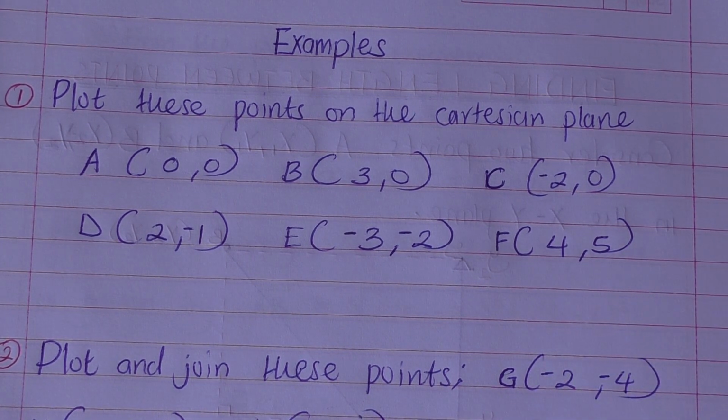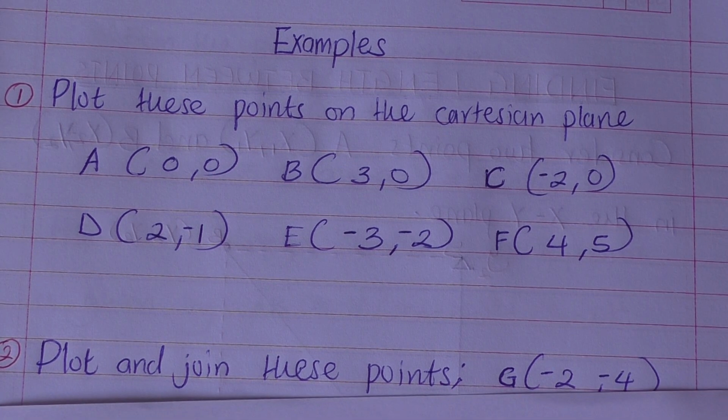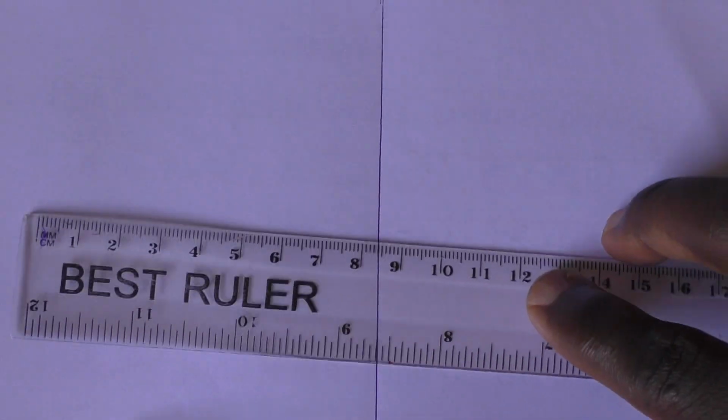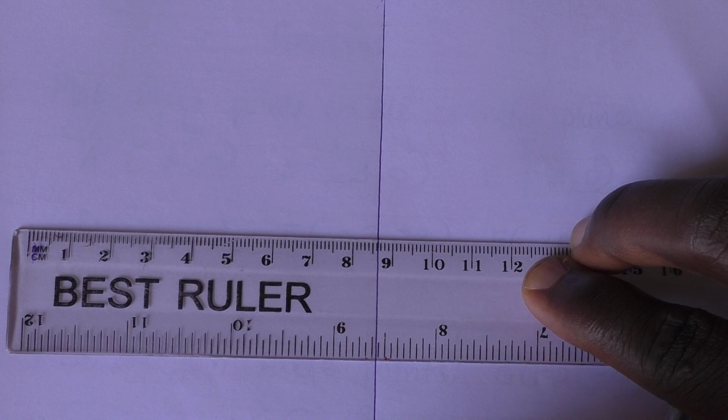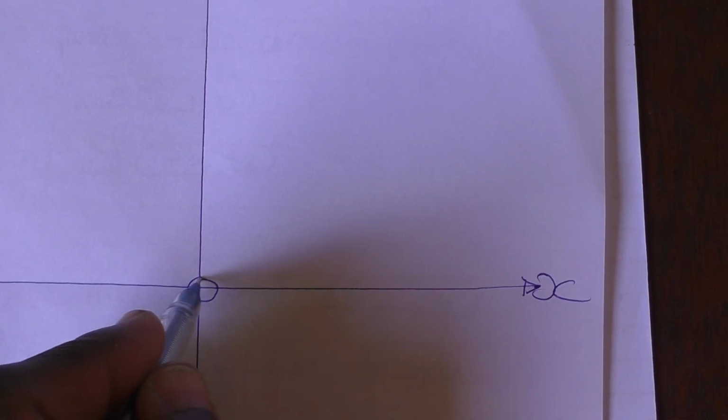So when plotting such points on the Cartesian plane, we shall first of all draw our axes, that is the x and y axis. So this is the y axis and this is the x axis. We name the origin, that is 0, 0.